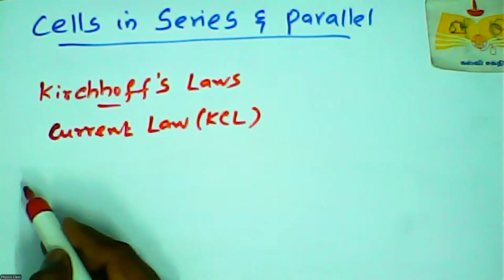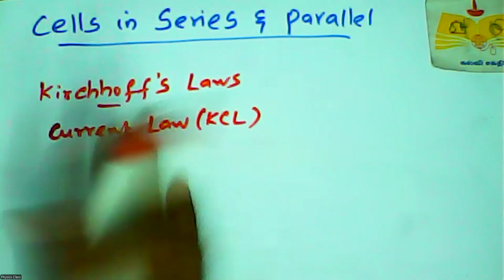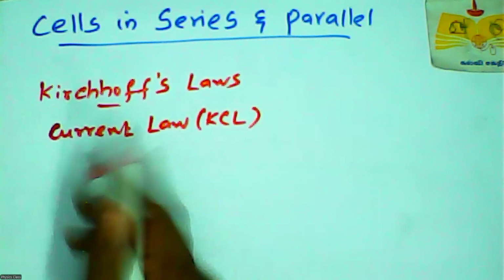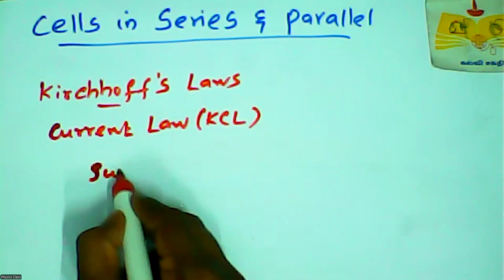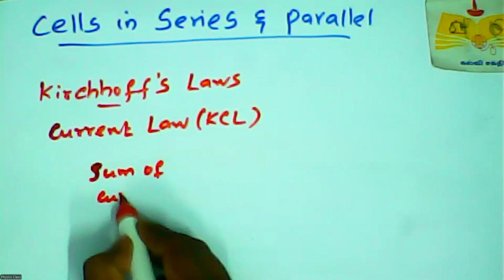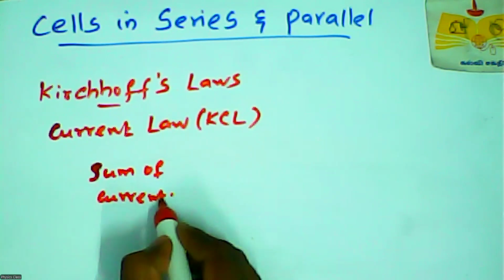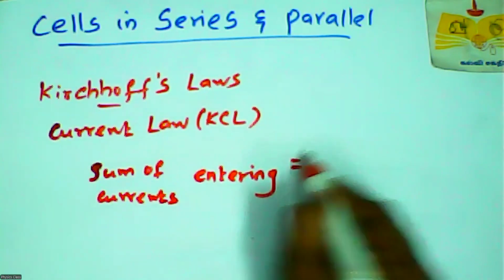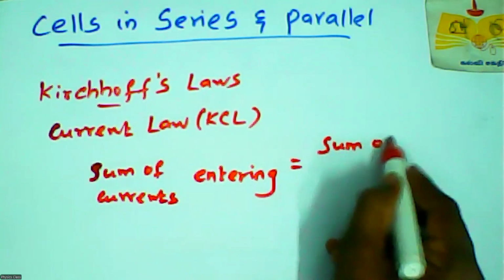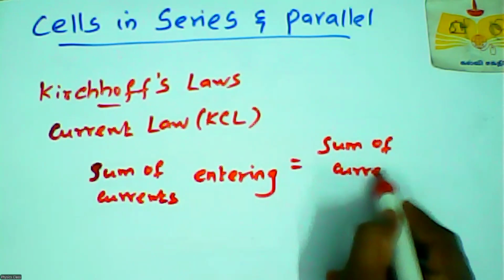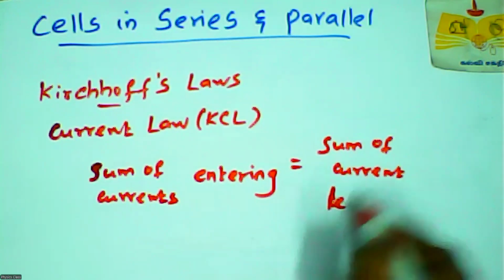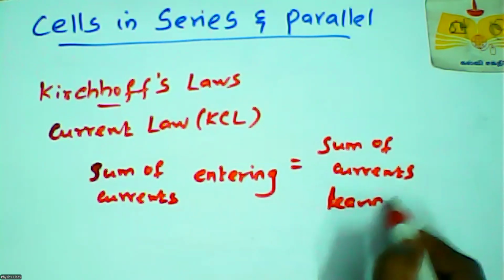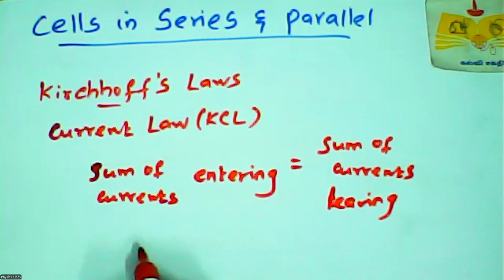At any junction, the sum of the current entering must be equal to the sum of the current leaving. This is the definition for Kirchhoff first rule, or Kirchhoff current rule, or Kirchhoff current law.